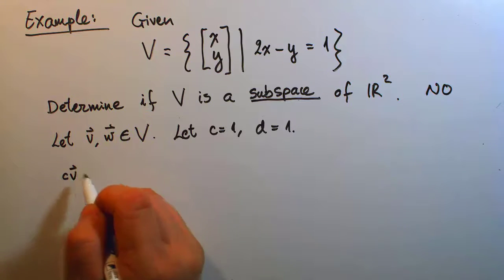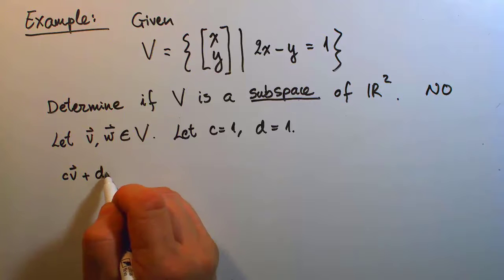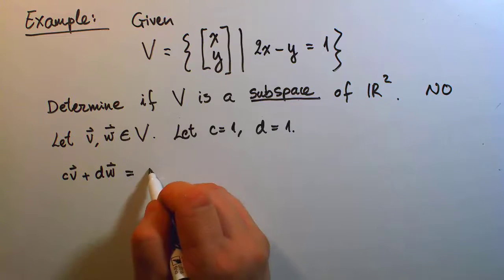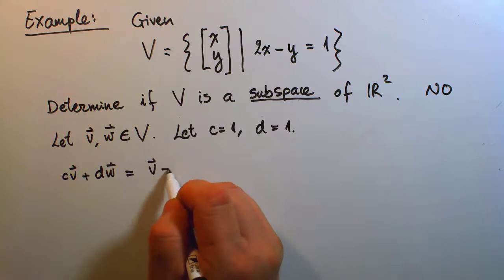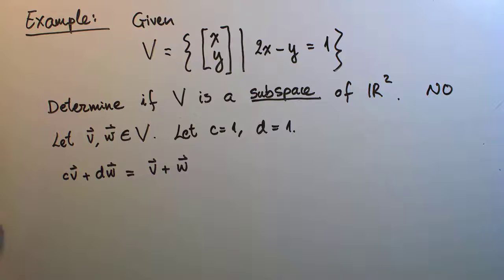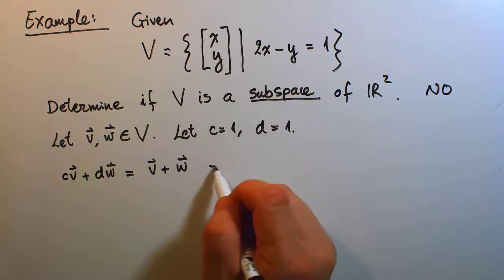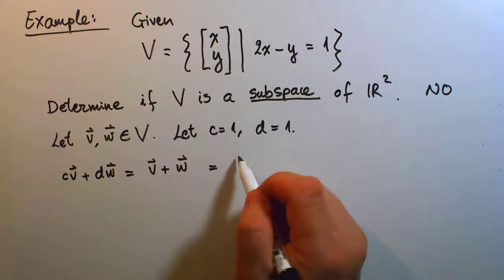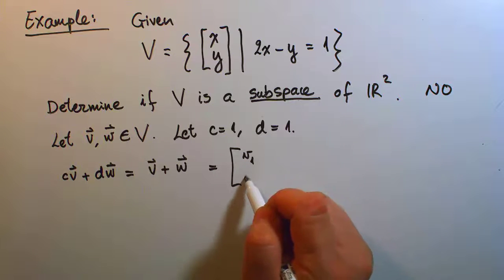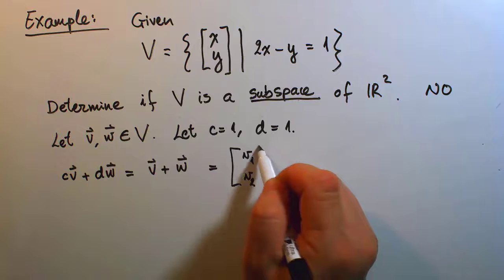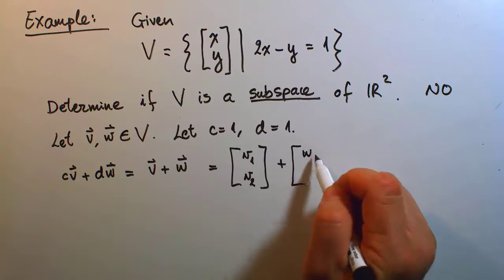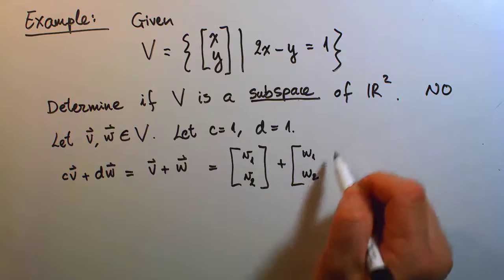So CV plus DW is exactly going to be just V plus W. And V plus W, in R2 form, is (V1, V2) plus (W1, W2).